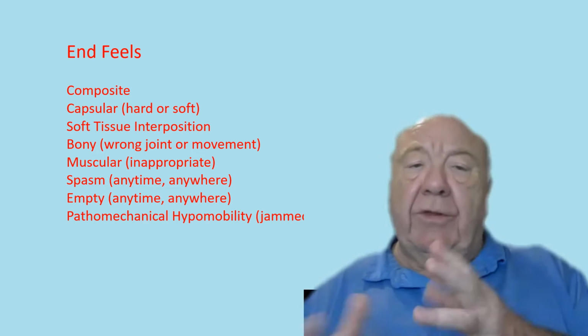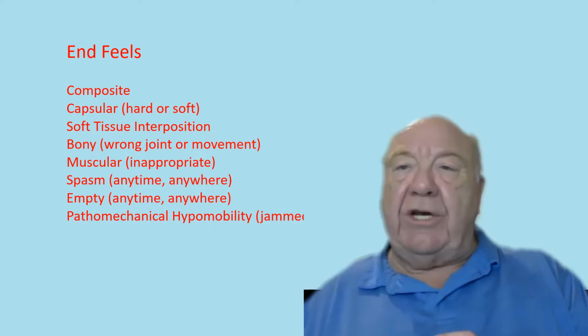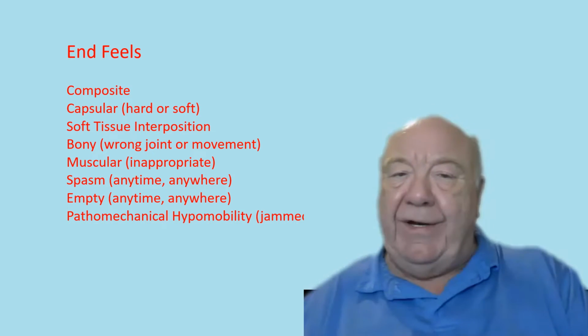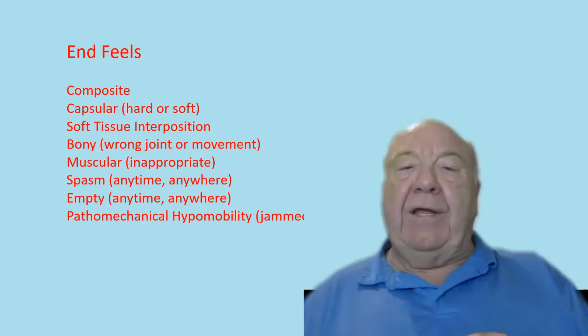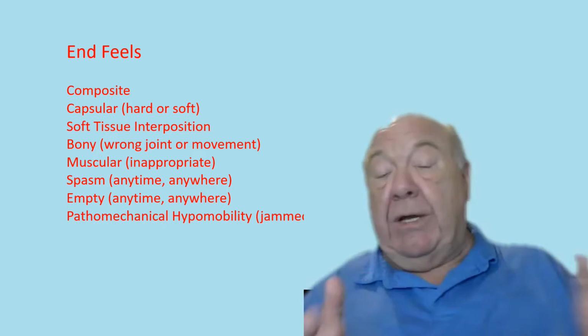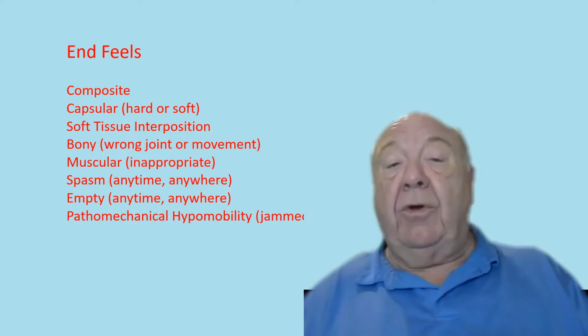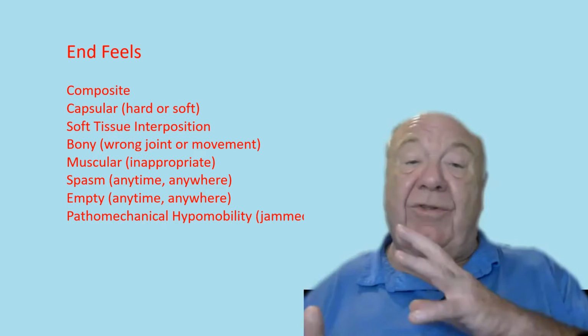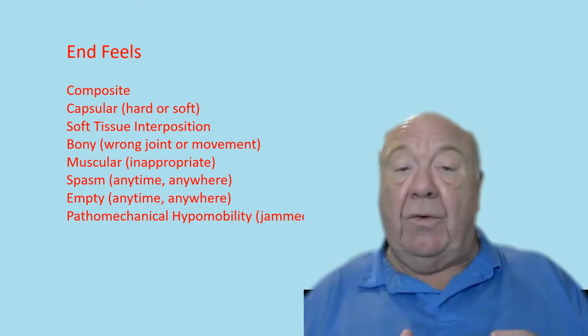So let's look at the capsular end feel first. This is the feeling you get when you stretch the ligament or the joint capsule that helps restrict movement. Now, the capsular end feel abnormally can be hard or soft, but capsular end feels are hard and soft within the same person. So if you're looking at, say, wrist flexion versus wrist extension, they will both give you a capsular end feel.